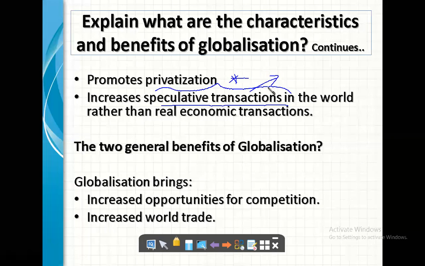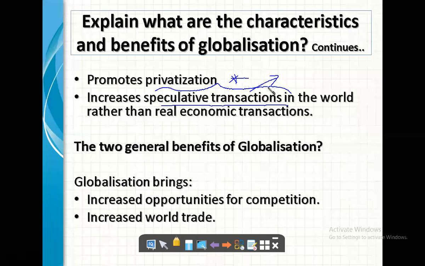Yes. Okay. The next one, there are two benefits that comes from globalization. One, increased opportunities for competition, and two, increased world trade.